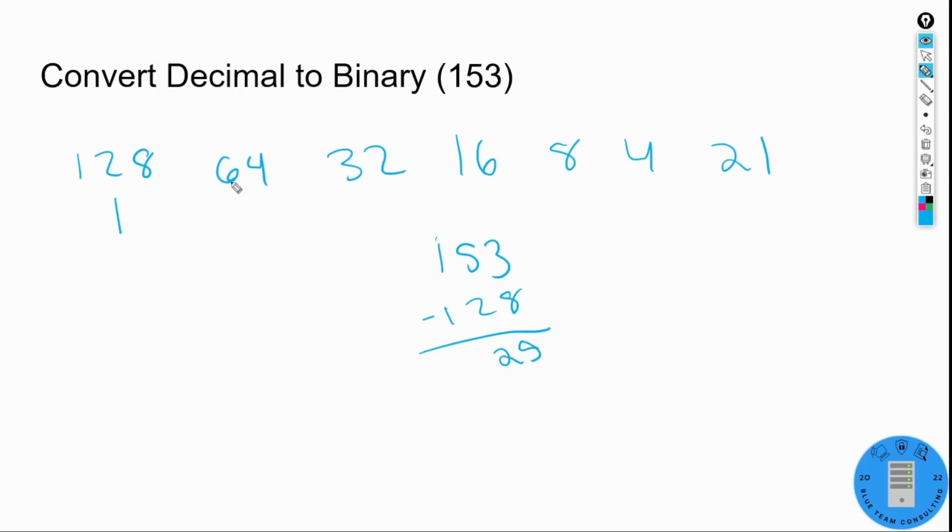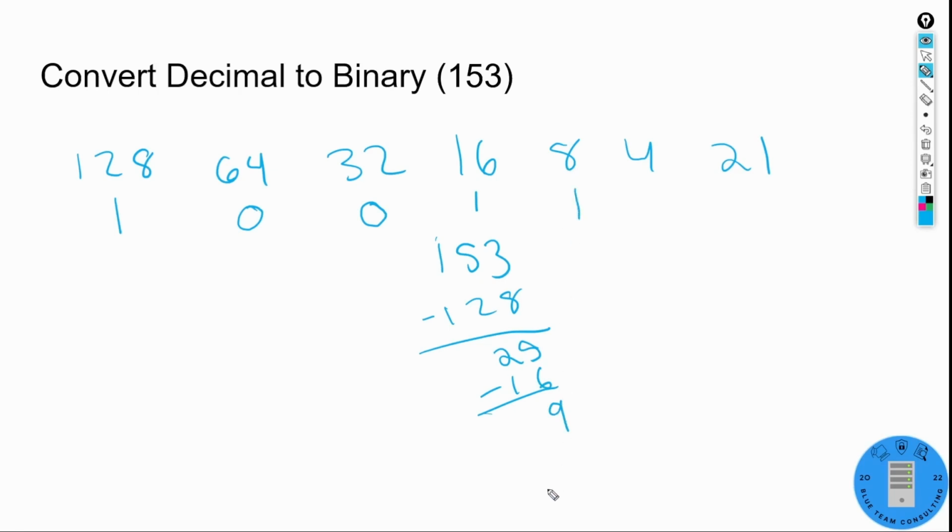Now, does 64 fit into 25? No, it does not. So we give this one a 0. Does 32 fit into 25? It does not, so we do not allocate that bit. Does 16 fit into 25? Yes, it does. So we can subtract 16, leaving us with 9 left over. Does 8 fit into 9?